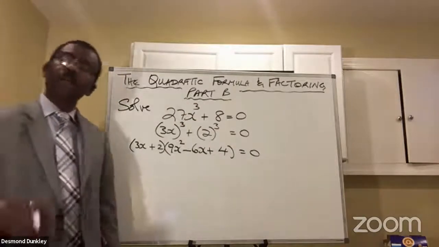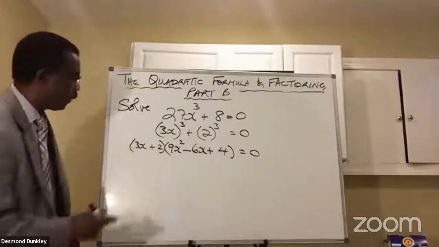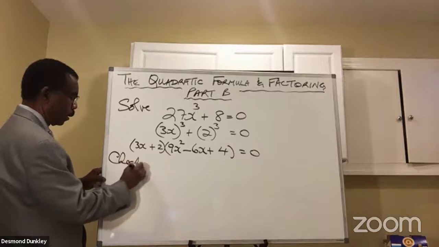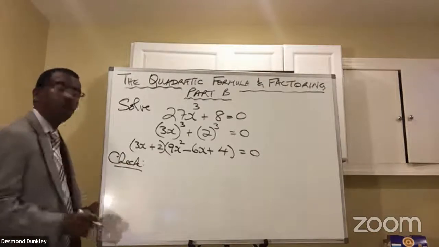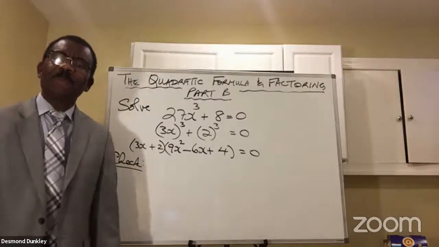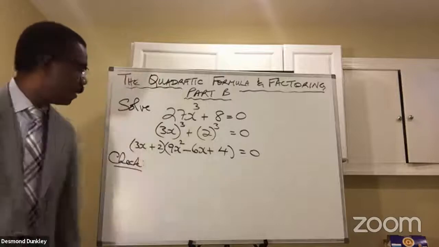Just for your benefit, we're going to check to show that I'm not playing games, I'm not tricking you, it's actually real. Let's check. Now, when you're working these problems, you don't have to check. But if you have time, it's good to check to make sure you did not make a mistake.